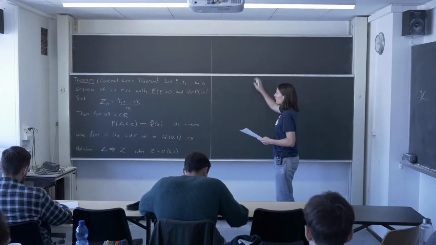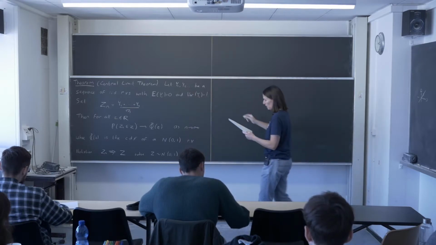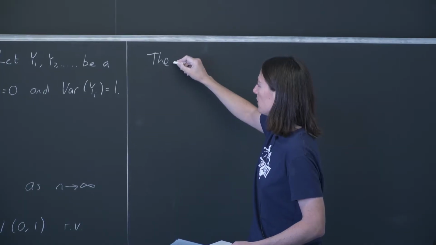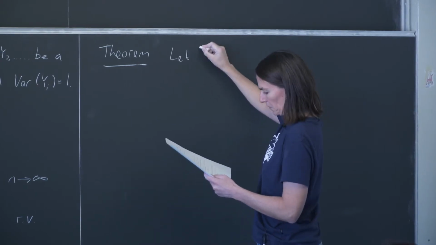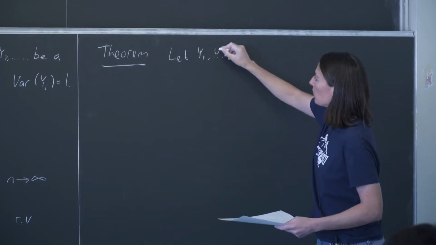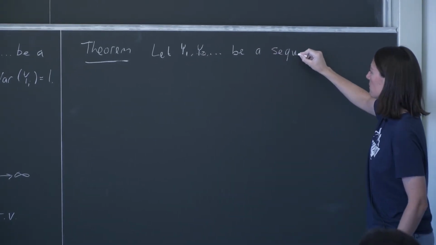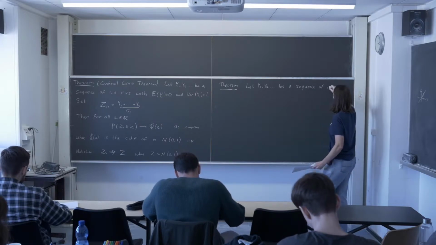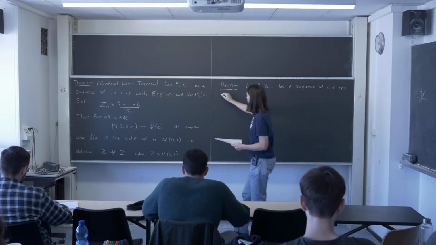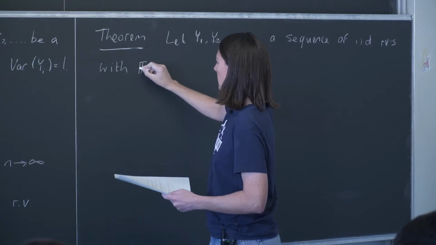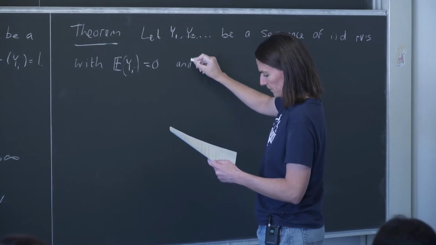Okay, so here's our theorem, our analogous theorem to this, but for stochastic processes. Let y1, y2 be a sequence of IID random variables with mean 0 and variance 1.